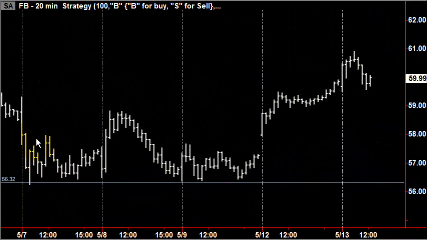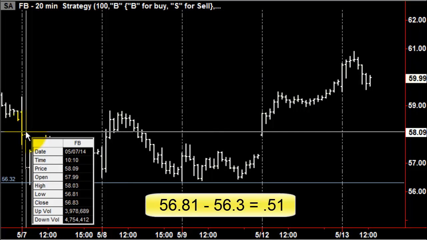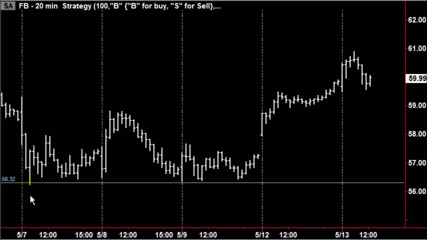Well, on this bar right here, the low is 56.81, and remember our target is 56.3, and we're going to place the order in the market when it gets within 0.5 of our entry price. So this low is not low enough for us to place the limit order on the next bar. And that next bar is the only one where the price got low enough for our entry to occur. So there was no trade at all.